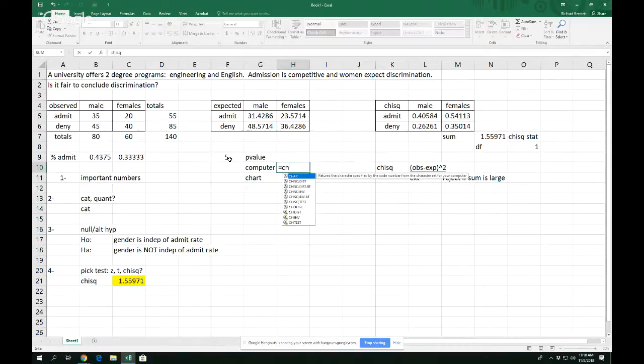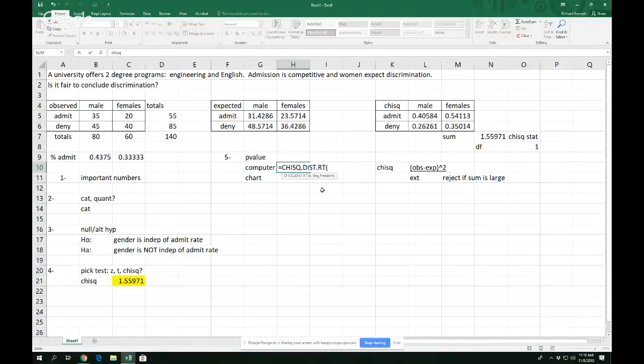Now, I've got a bunch of choices here, but we're going to use the chi-square dist. Do you think we want the right tail or the left tail? Right. We want the right tail because it's always right for this test. I'll explain that in a picture in just a minute. We're going to do the right-tailed test.